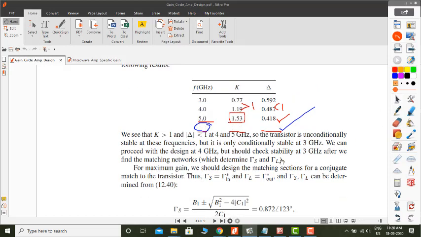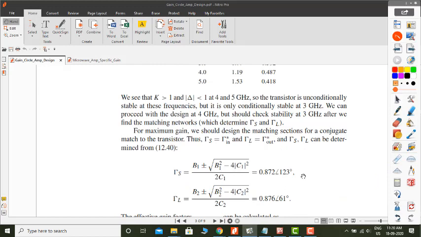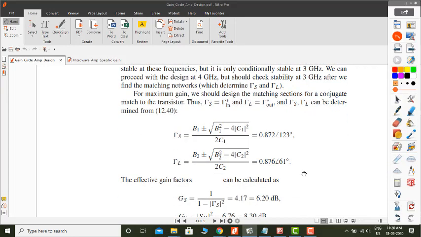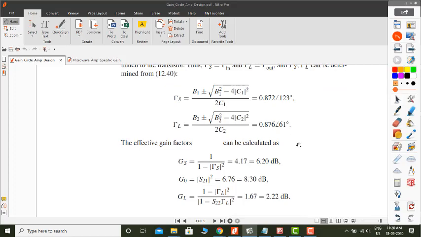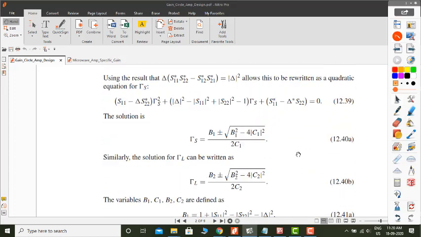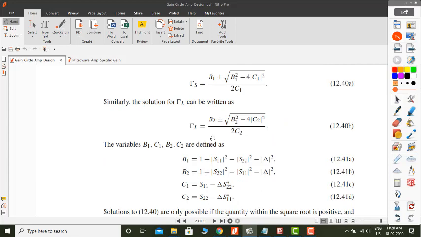So the next thing is we have to compute the gamma S and gamma L values by using these formulas, where the parameters B1, B2, C1, C2 are given in equation 12.41. By using the S parameters of the given device, we can compute the factors B1, B2, C1, C2, then substitute these values in equation 12.40.